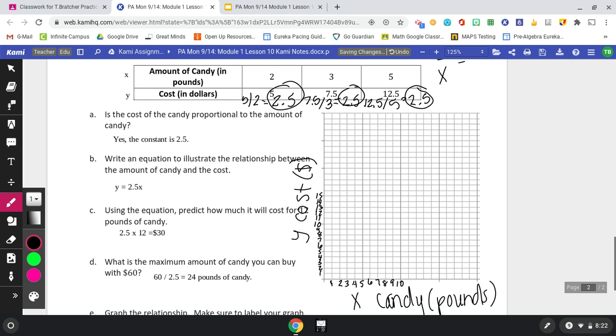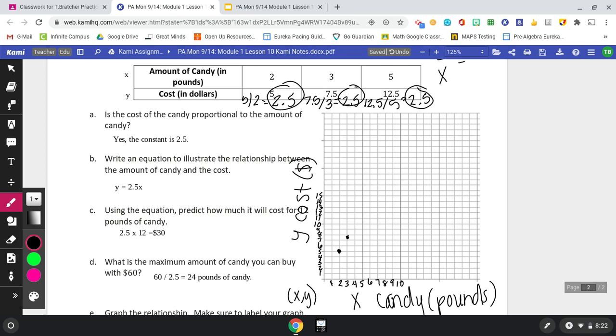So remember, when you graph, it is x comma y. So if our x value is 2, you go over 2. And then our y matching is 5. Then the next point is over 3, up 7.5. So be careful where you put that.